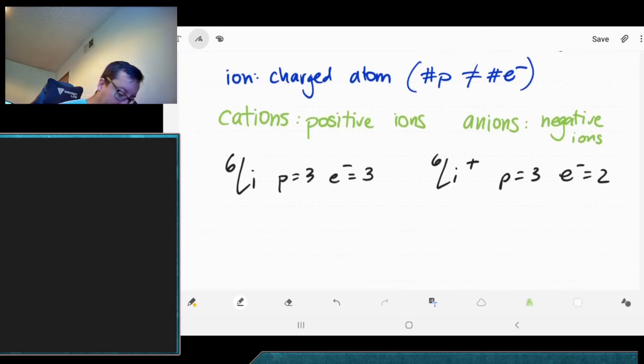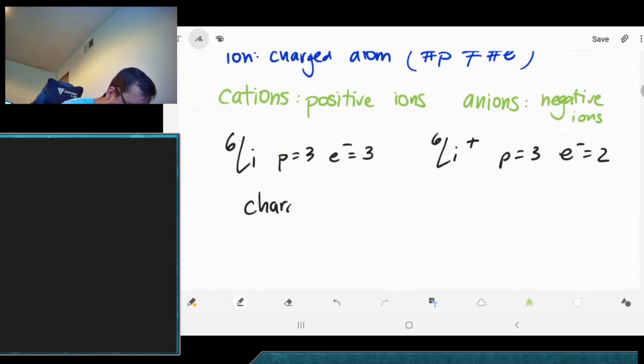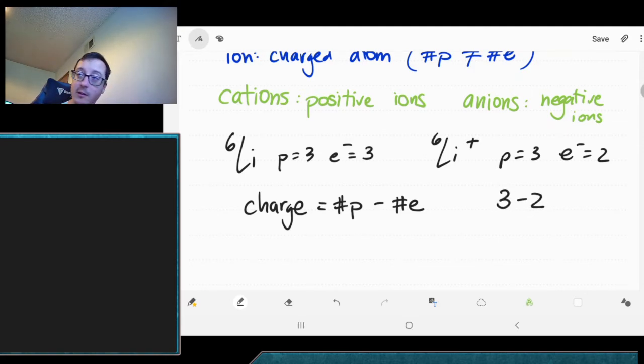And so we can see that the charge of an ion is the number of protons minus the number of electrons. This lithium here, 3 protons, 2 electrons, is +1. And so we'll indicate that by putting it up top.